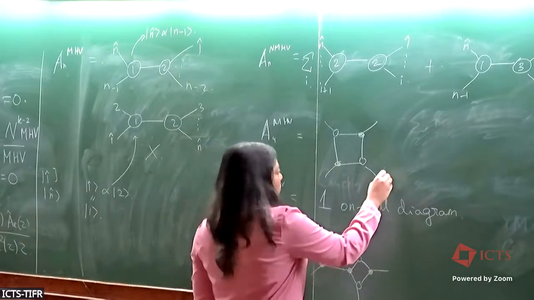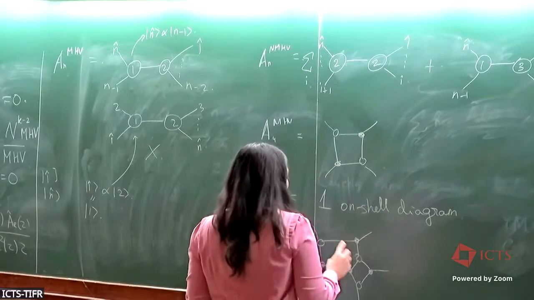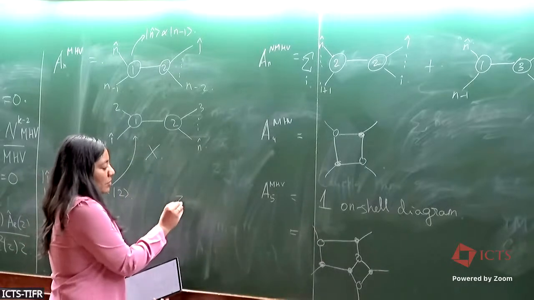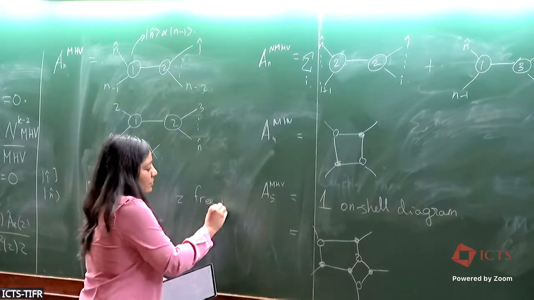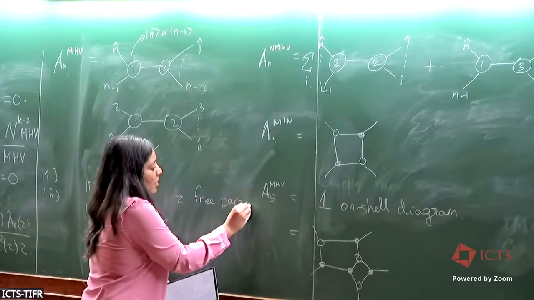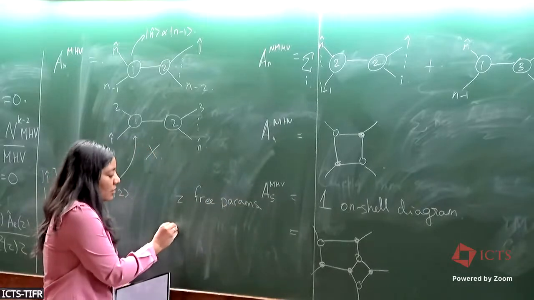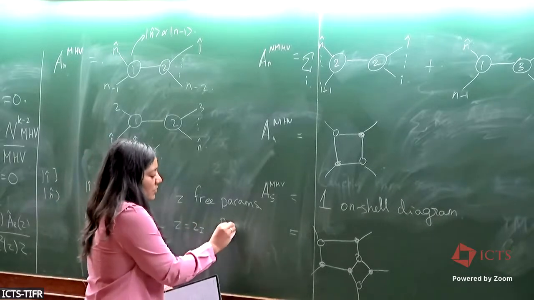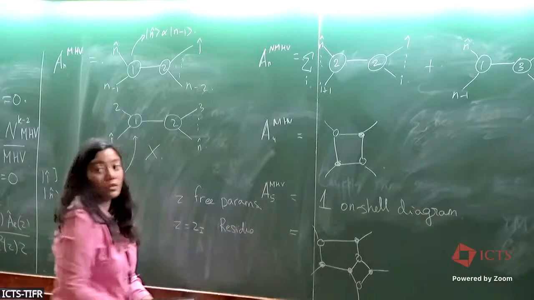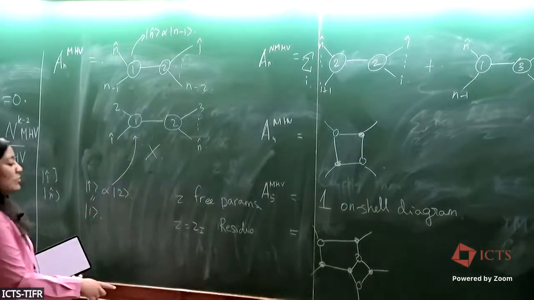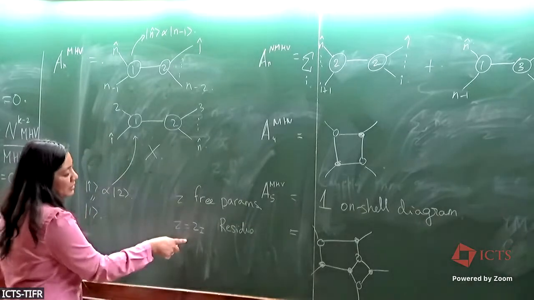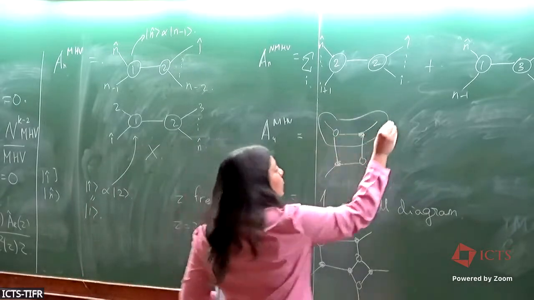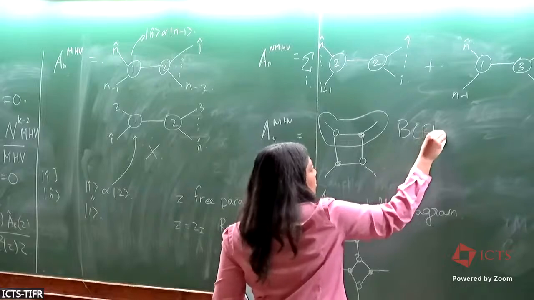Basically the way that you do BCFW is that you introduce a free parameter Z, and then when you put the terms together, you say Z equals Zi, so you take a residue. So you've introduced a free parameter, but it gets fixed. And that is precisely what this object over here does for you, which is called a BCFW bridge.